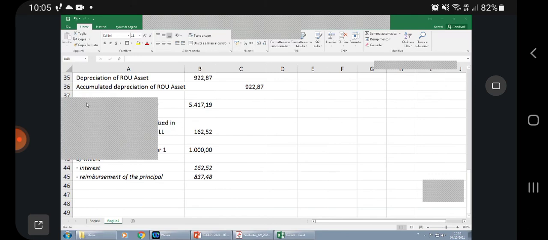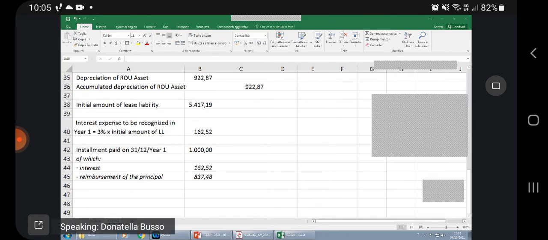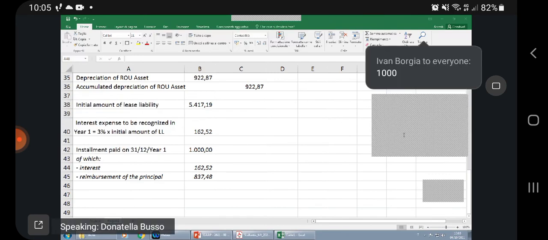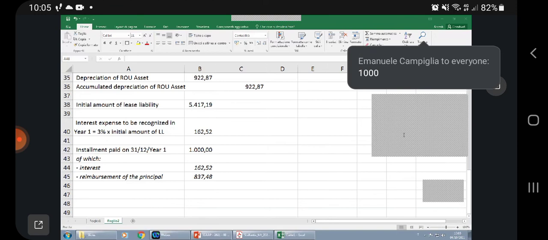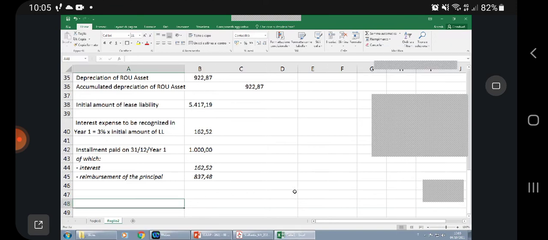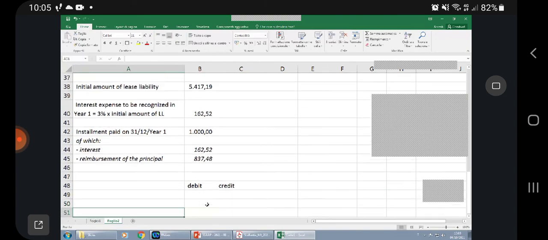This is a question also for students at home. How much is the outflow of cash? 1,000. Okay? Outflow of cash are recorded in the credit side. Okay? So, debit, credit. Outflow of cash or bank account, if you prefer. Credit side, 1,000.